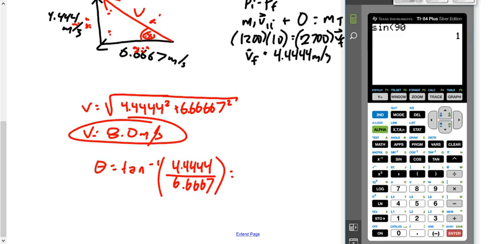And if it equals 1, you're good to go. If it equals 0.899, then you got to switch it. So I'm good there. I'll say the inverse tan function of 4.4444 divided by 6.6667. Gives me 34 degrees.